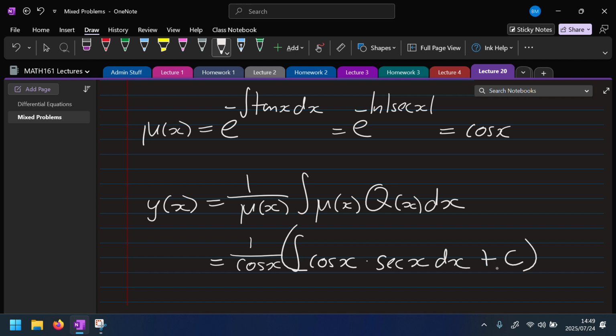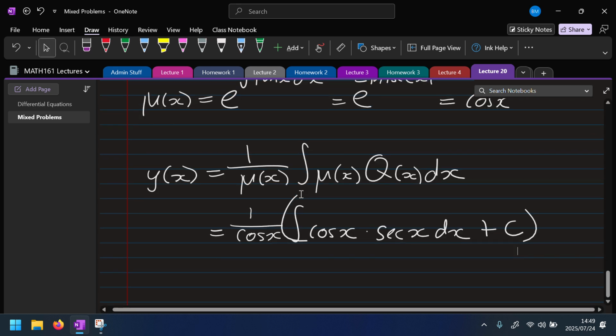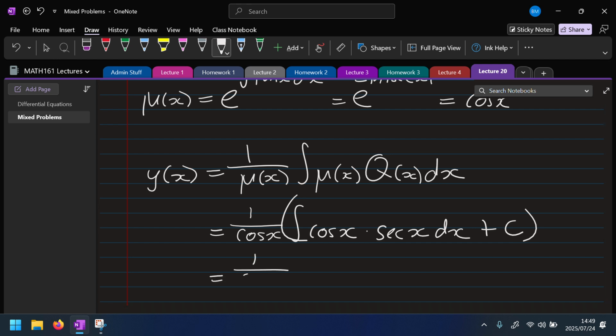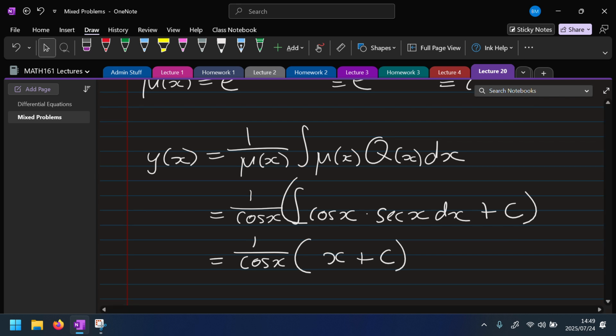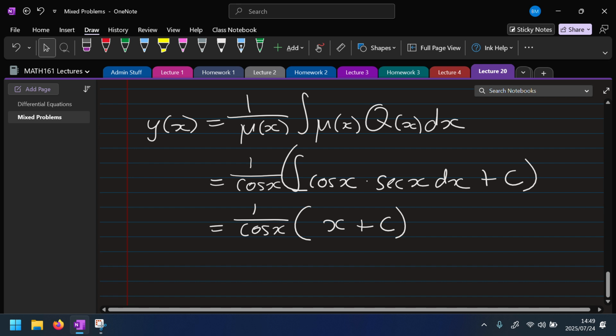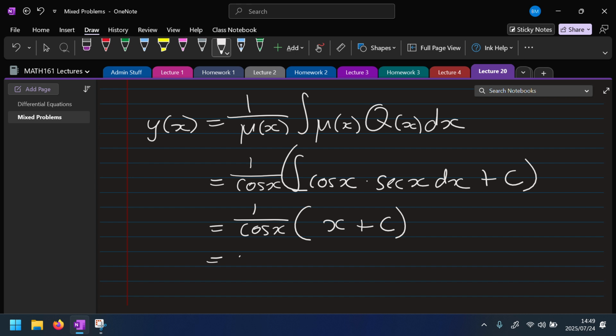Let's put the plus c just to be safe there. Cos times sec was 1. So we're going to have 1 over cos, and that will just be x plus c. You can leave it like that, or if you want to write it as x sec x plus c sec x, if you don't like the fraction, you can write it like that, but either way is fine.